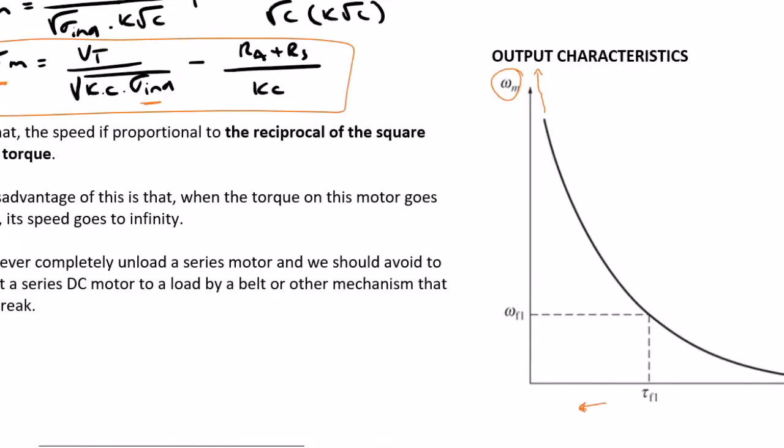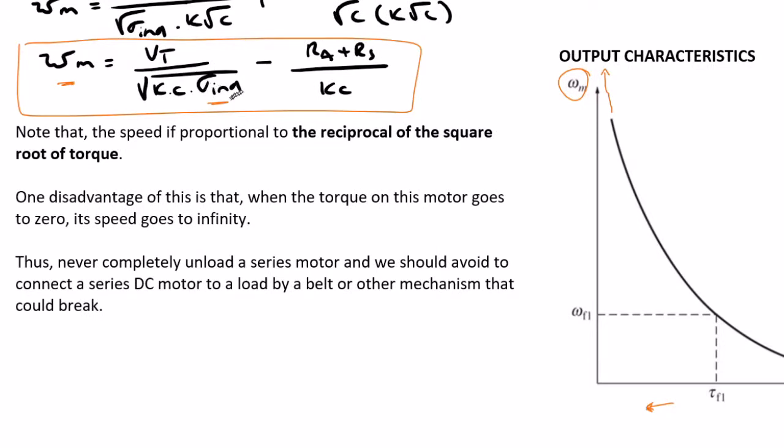Because you can see from this equation, if the induced torque is zero, 1 over 0 will give you infinity, which means that the speed of the motor will be very, very high. So this is a disadvantage of this motor: when the torque goes to 0, the speed goes to infinity.